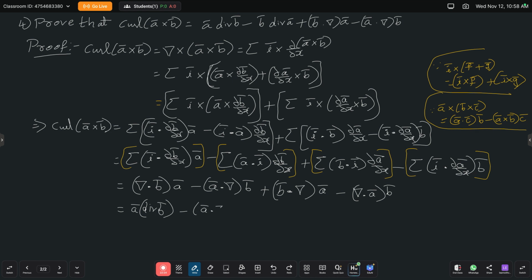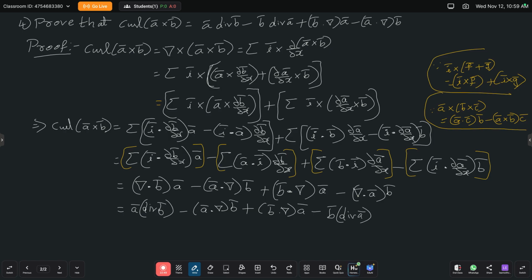I'm writing as a bar dot del of b bar plus b bar dot del of a bar, minus del dot a bar, which is nothing but the divergence of a bar, but divergence of a bar into b bar can also be written as b bar into divergence of a bar.